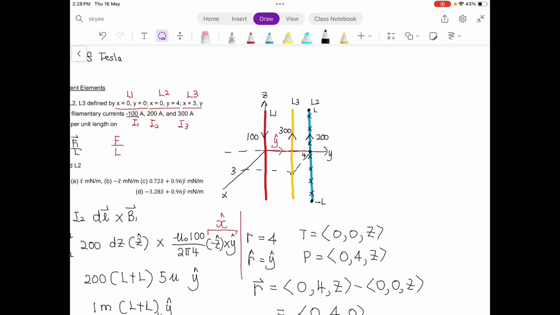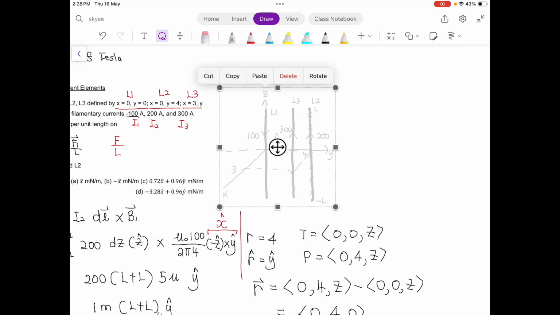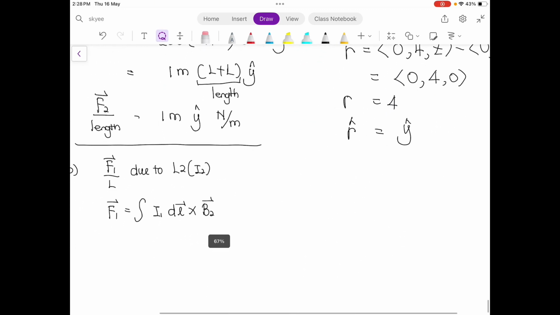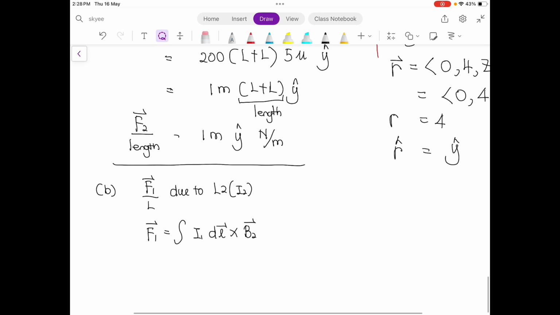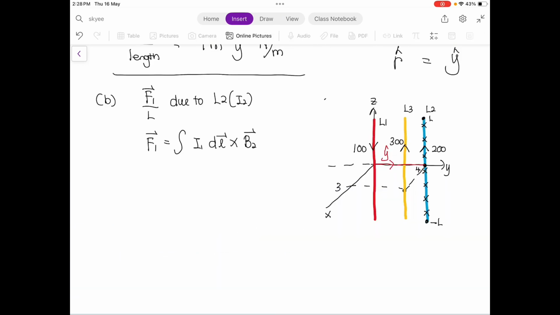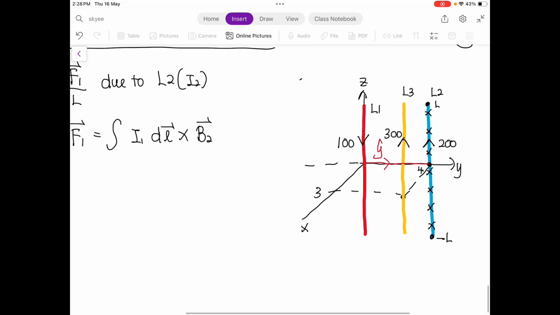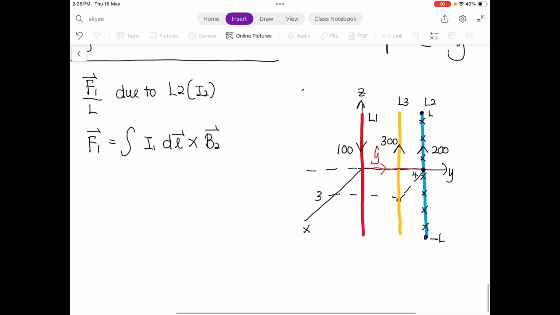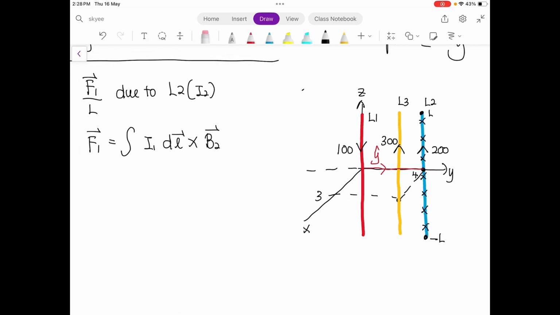This is the drawing. Copy again. I'll put it here. This is the drawing. So let me correct this one.